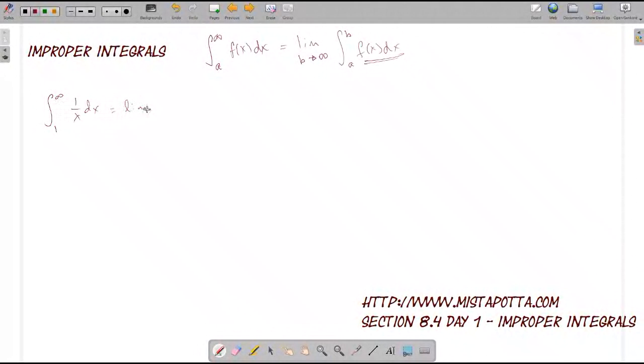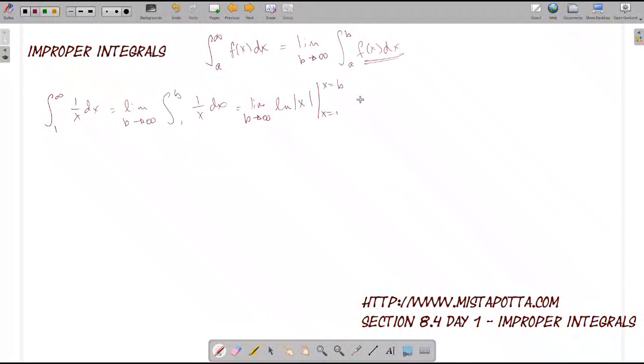So I've got the limit as b approaches infinity of the integral from 1 to b of 1 over x dx. And this is something I can find the antiderivative of. This is the natural log of my argument, which I'm going to be evaluating from x equals 1 to x equals b. Of course, b is the variable of my limit.